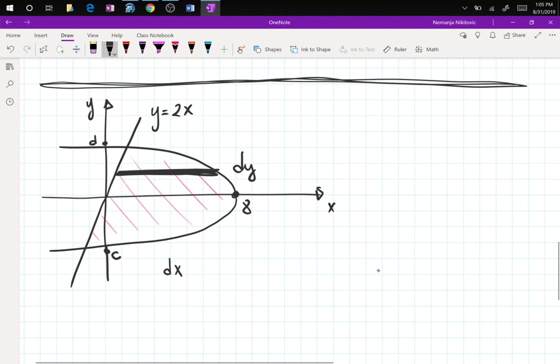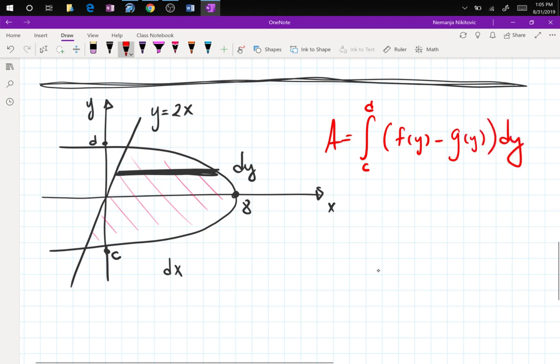for sideways problems that must use dy: area equals integral from c to d, because those are y values. And now we're going to have f of y minus g of y dy. Limits are y, functions are in terms of y, dy at the end.